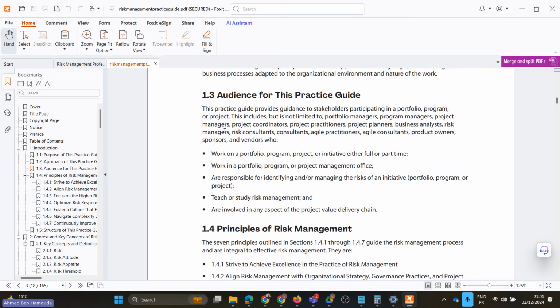Risk consultants, consultants overall, subject matter experts.